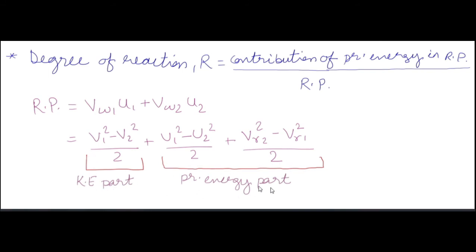You put the pressure energy part in the numerator and the whole energy, which is the whole runner power, in the denominator, and you will get the degree of reaction. In the numerator two terms and in the denominator all three terms.